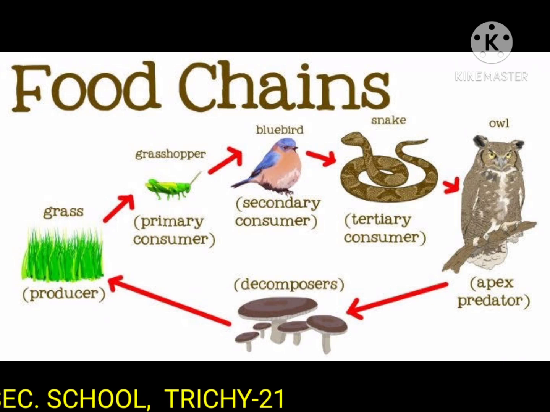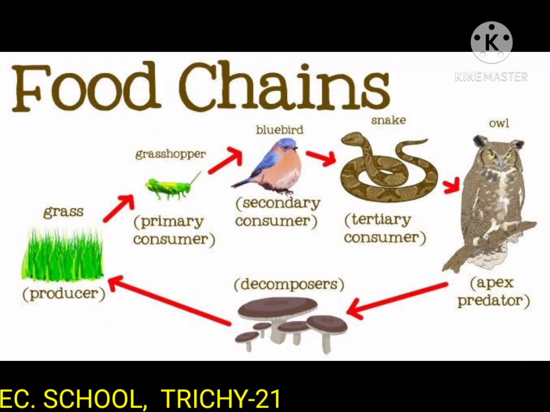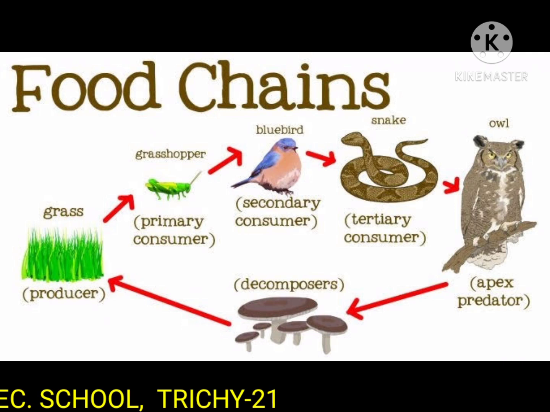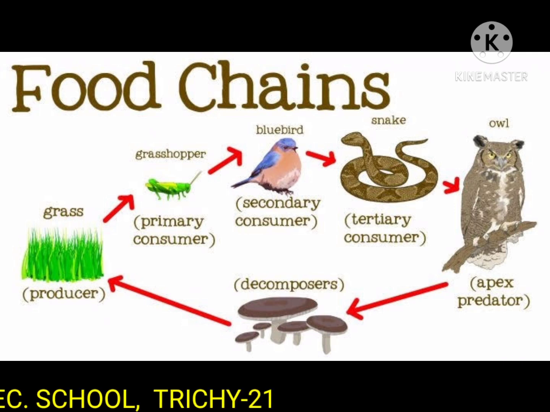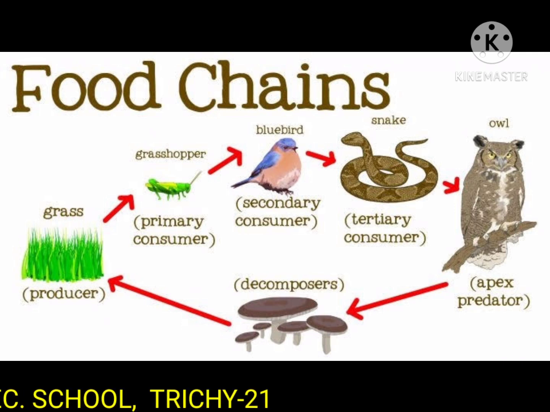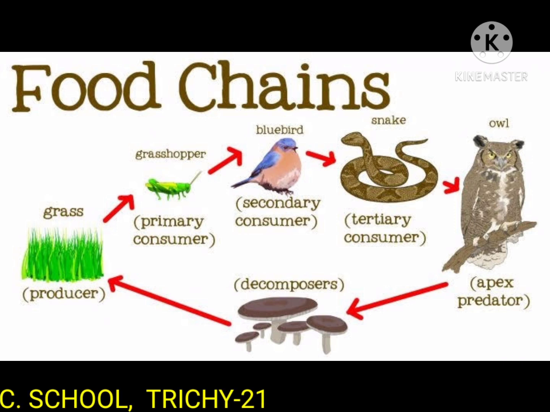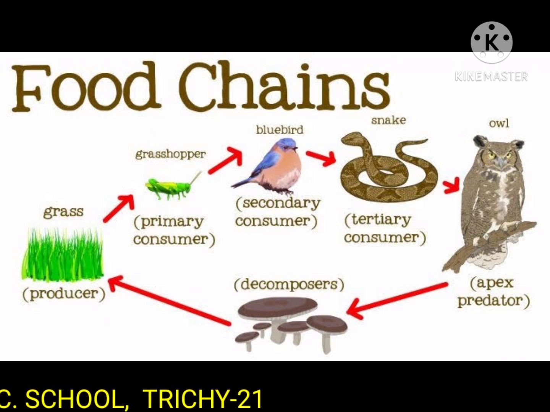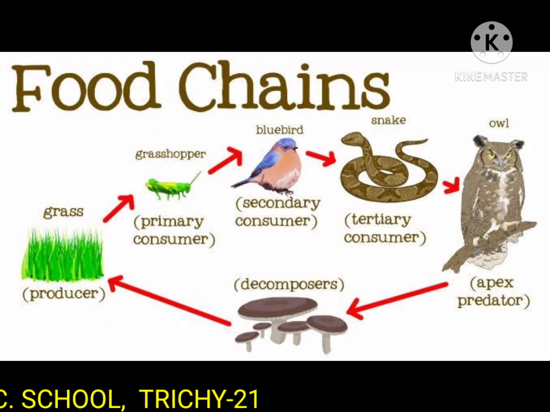Producers. Producers are organisms that are able to produce their own organic food. They do not need to eat other organisms to do this. Producers are also called autotrophs.